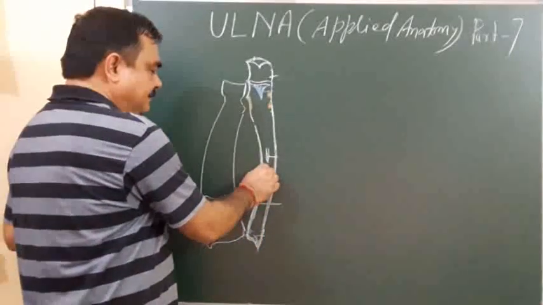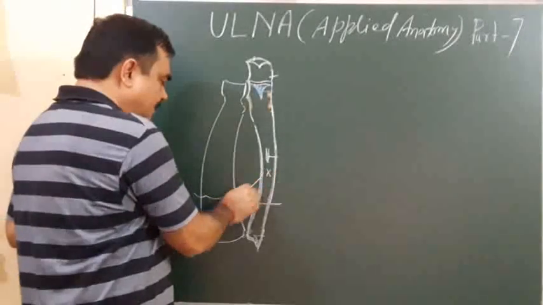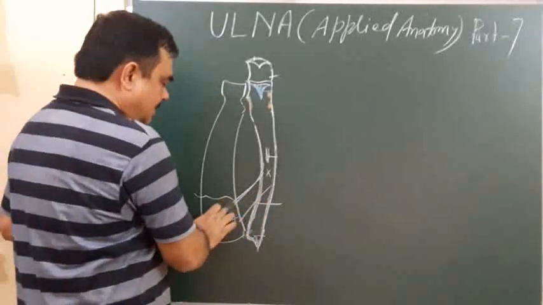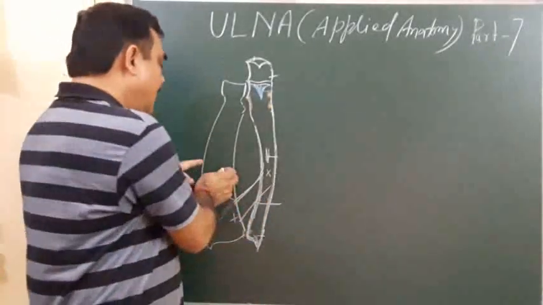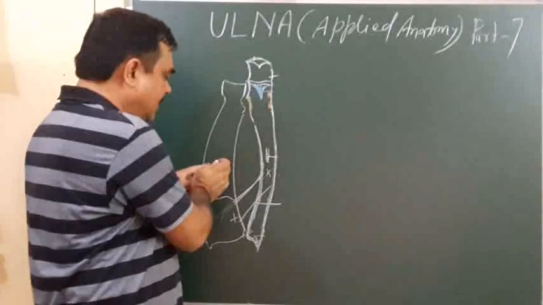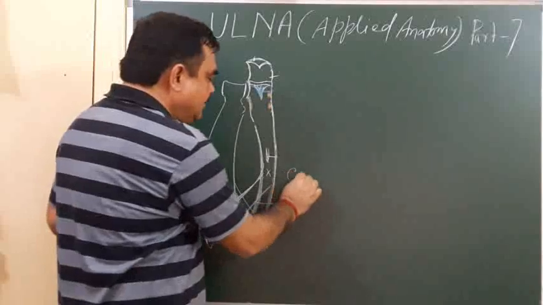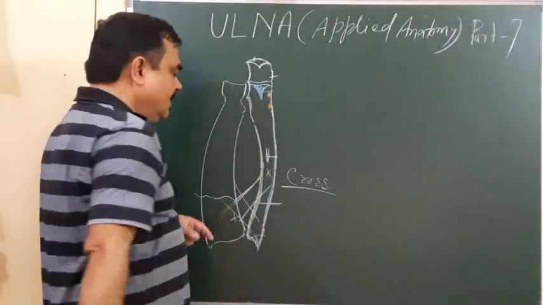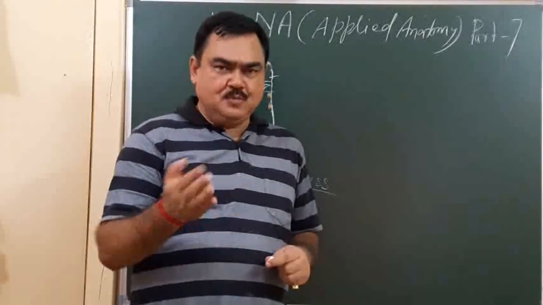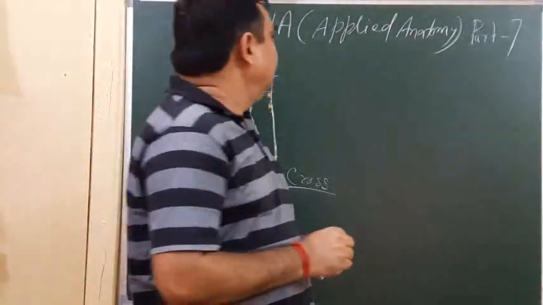The upper fragment of the ulna articulates with the distal fragment of the radius, or the proximal part of the radius articulates with the distal part of the ulna. So this is cross union. Due to this cross union, the patient cannot perform pronation and supination movement. So this is the applied aspect of the ulna.